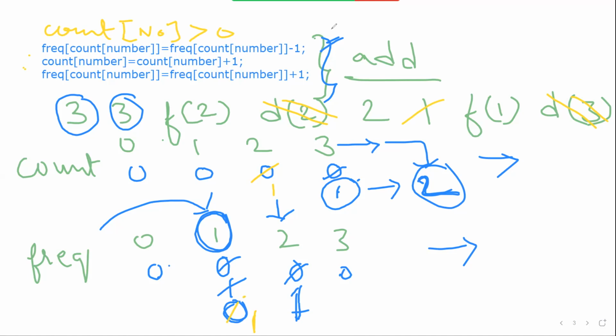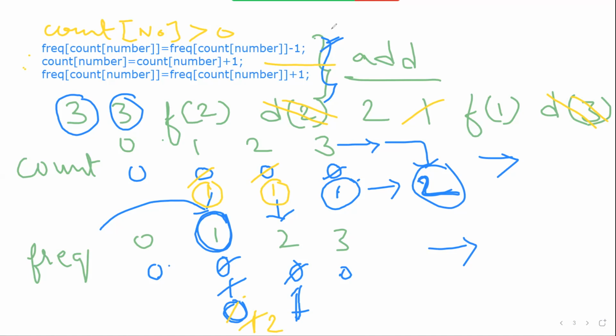So the second line, count should be incremented by 1. We are incrementing it, so count of 1 is 1. Now frequency of 1 should be incremented by 1, and we are incrementing it. It means that there are 2 elements with frequency 1.